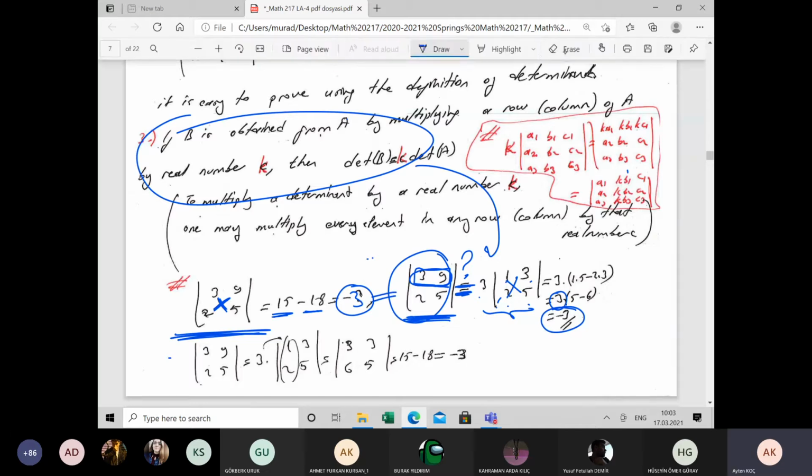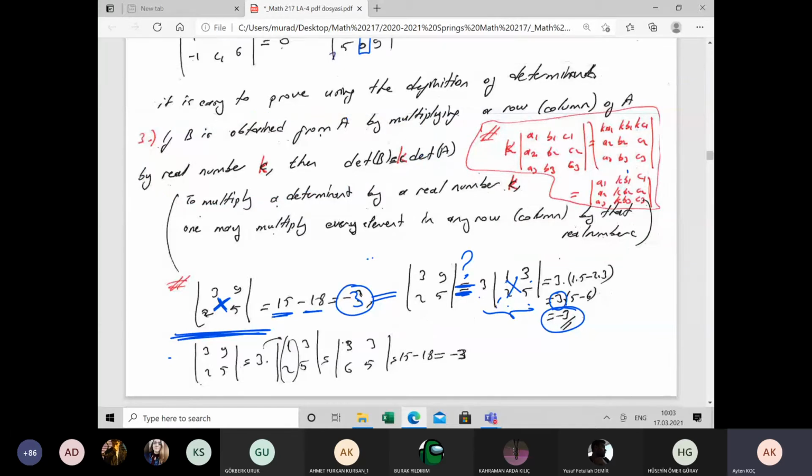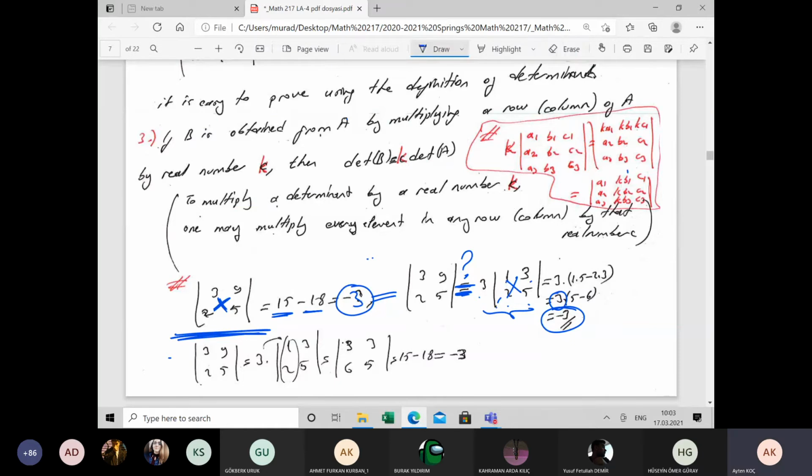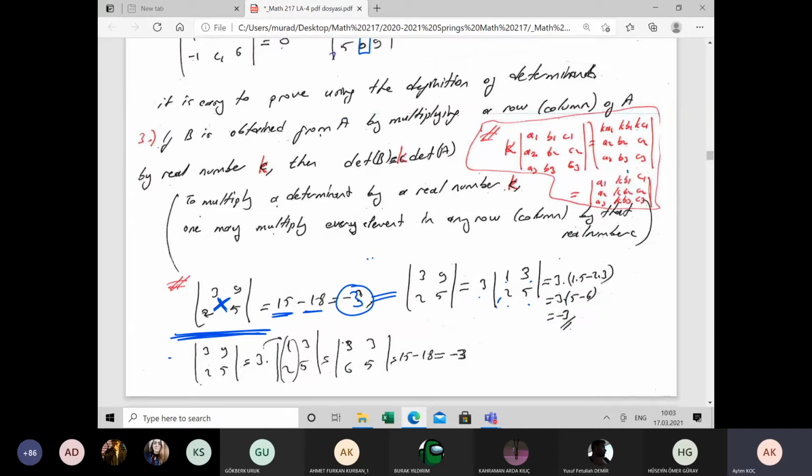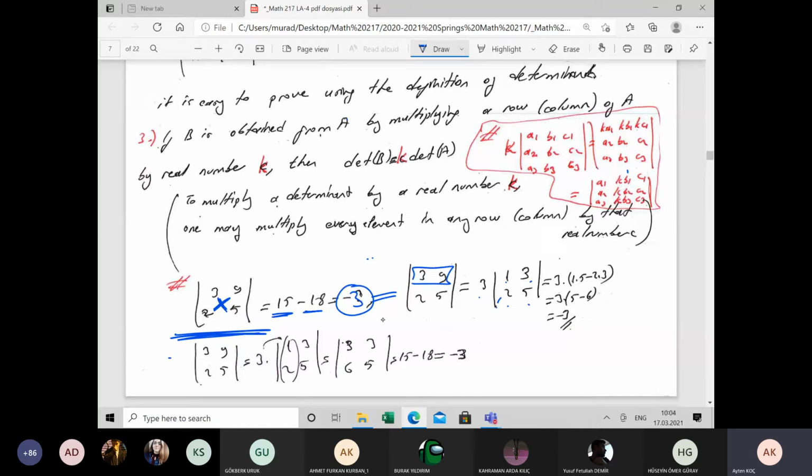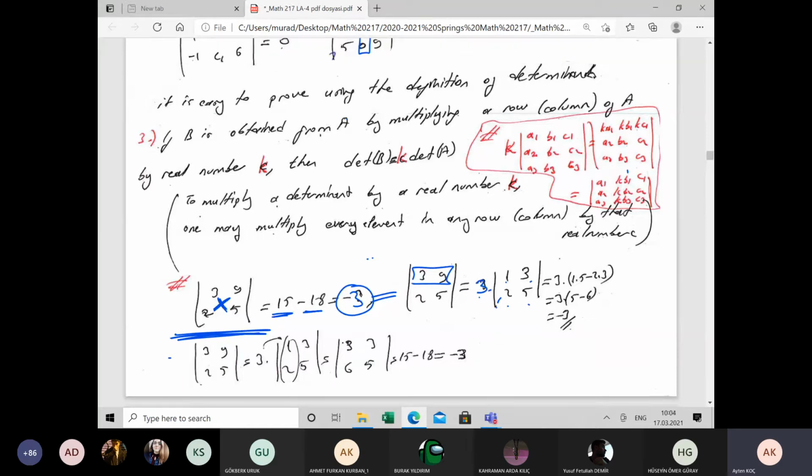So yes, if any row contains a common factor, it is possible to write the determinant as 3 times this determinant.